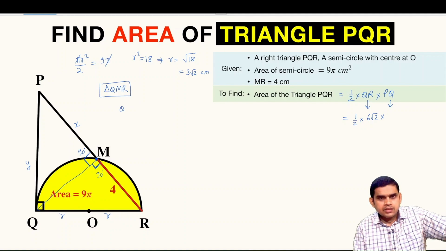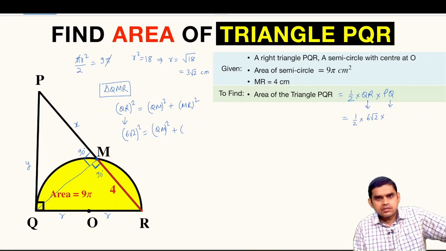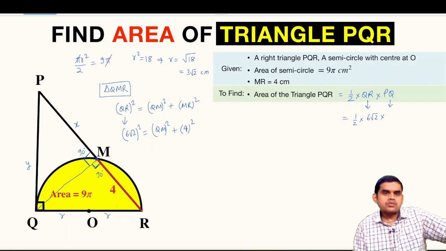So here QR square is equal to QM square plus MR square. What is QR? QR is twice the radius. So this will be 6 root 2. So 6 root 2 square is equal to QM square, which is unknown. MR square is square of 4.